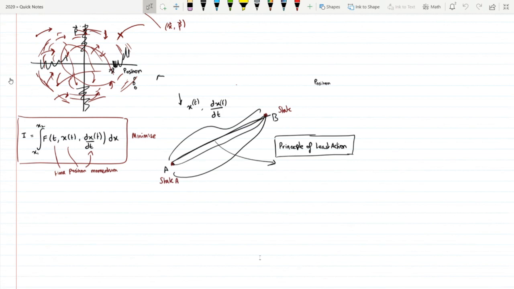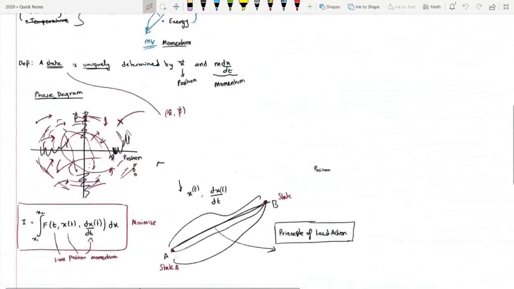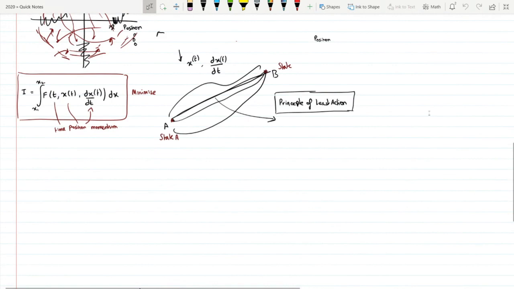Okay, so when we choose our general function, remember earlier when I spoke to you about what this function could look like. Remember we formulated this problem as a distance between two points. We've now understood what phase space is and reformulated the problem as a function of time, position, and momentum, right? This particular choice of these three observables is so important that it's given its own name.